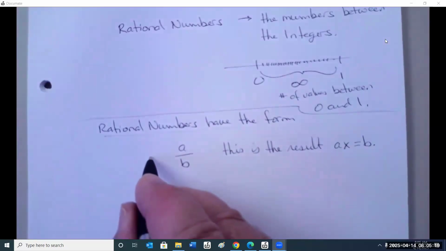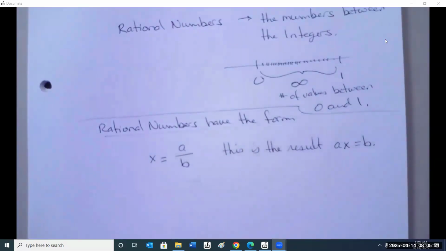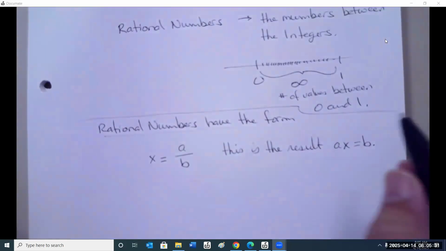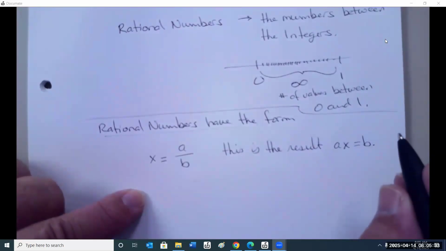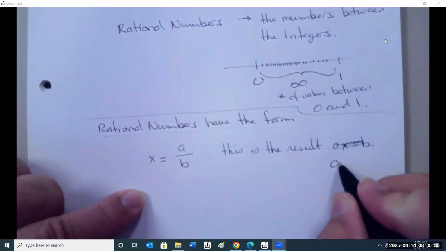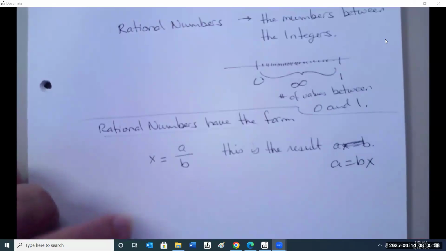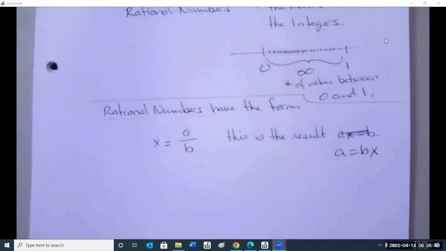So we're saying that x is equal to A over B. Nope. Oh, I got it. A equals BX. There. So you're correct, it wasn't true. And this one's true.